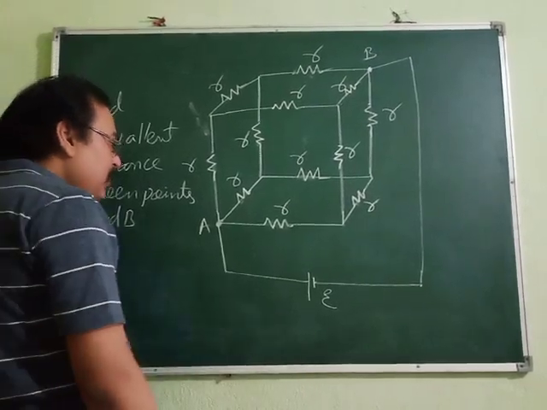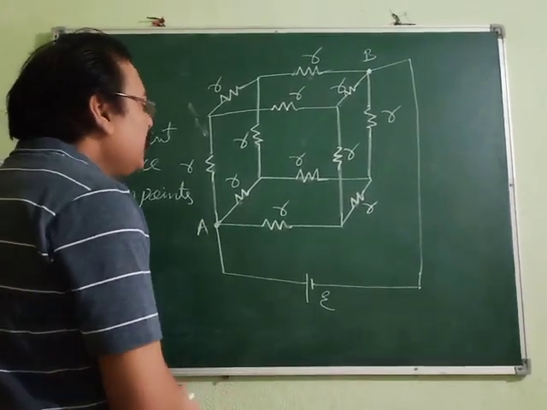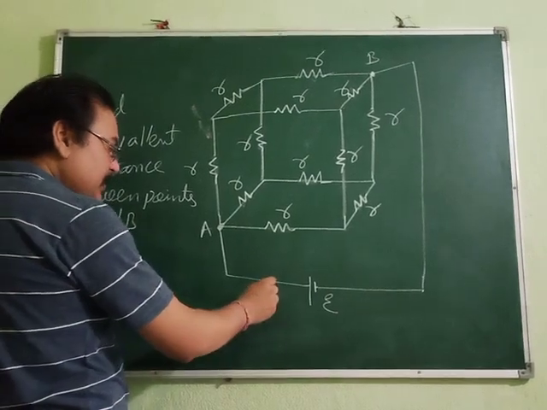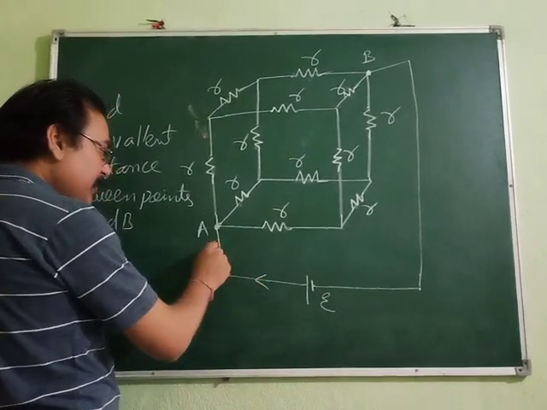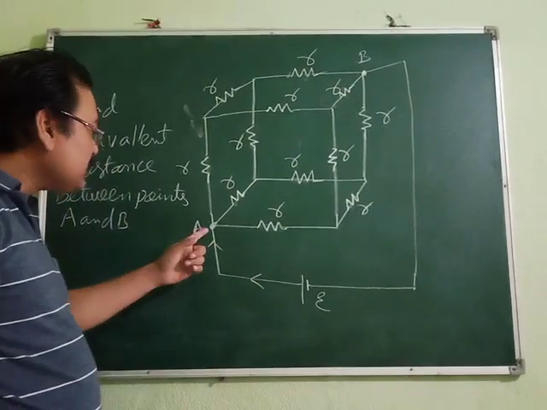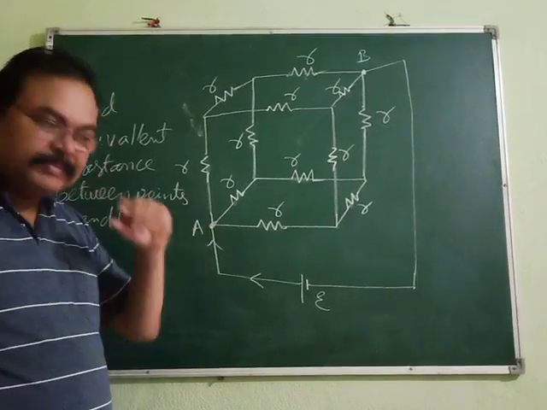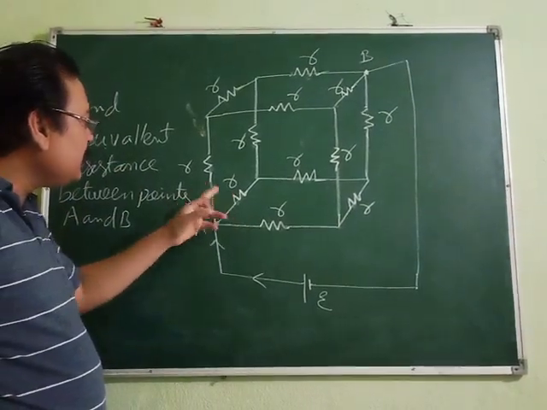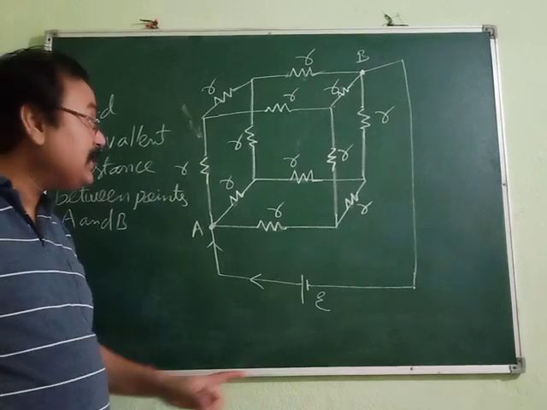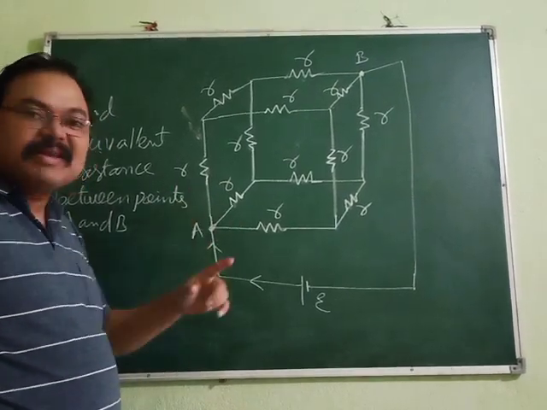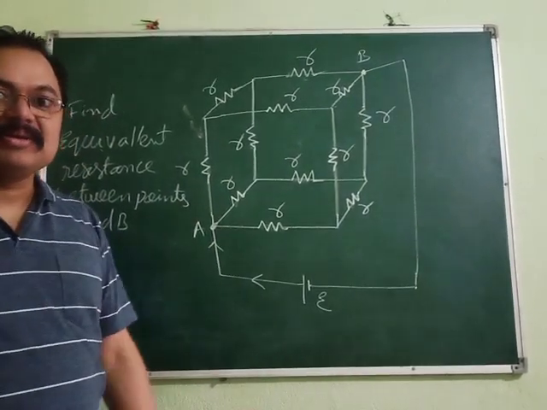Now, what happens? If current starts from here, some current will come here. As soon as the current reaches this junction, it will get divided into 3 parts. Now we have to see whether all the 3 parts have equal resistance or different resistance.